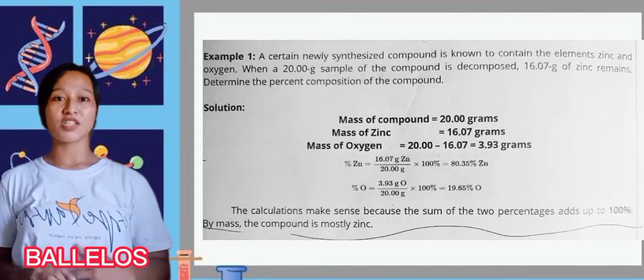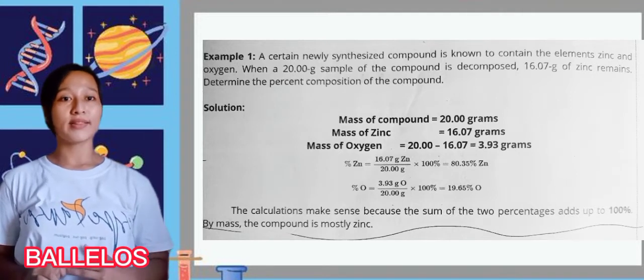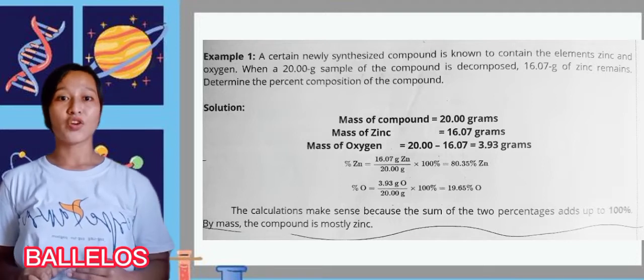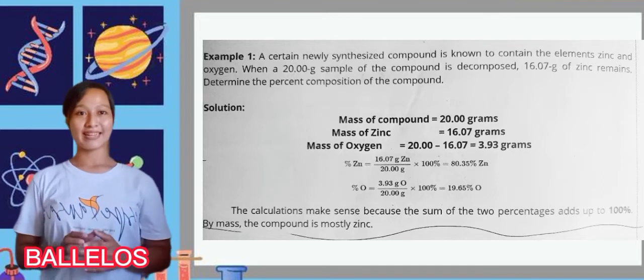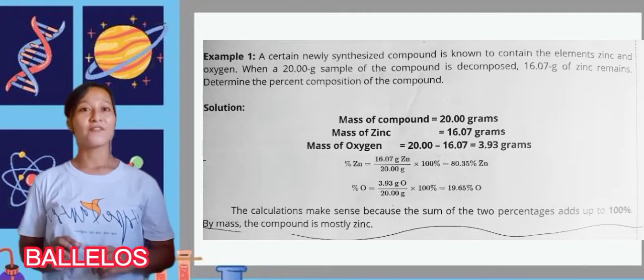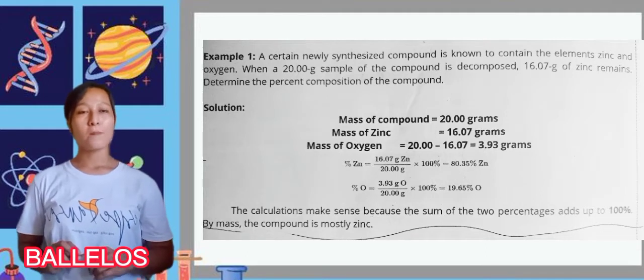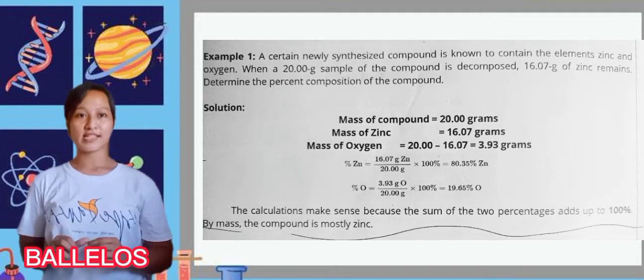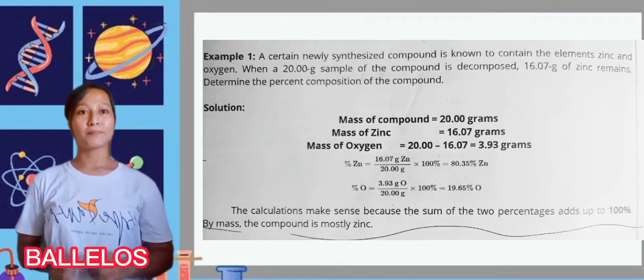And the mass of oxygen is equal to 20 minus 16.7, which equals 3.93 grams. And the percent of zinc is equal to 16.7 grams zinc divided by 20 grams multiplied by 100%. The result of this is 80.35% zinc.